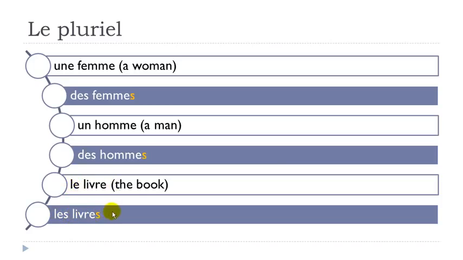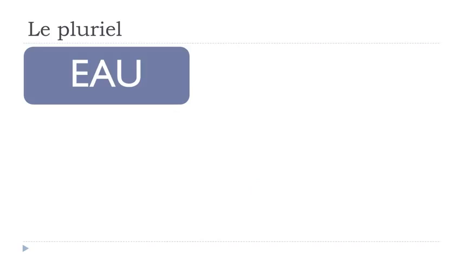It's quite interesting in this example, because if you listen carefully, le livre, les livres, the only way to know whether it's singular or plural is to pronounce correctly the article, in that case le, and here les. So it's really this le and then les that will make the difference between the singular form and the plural form.